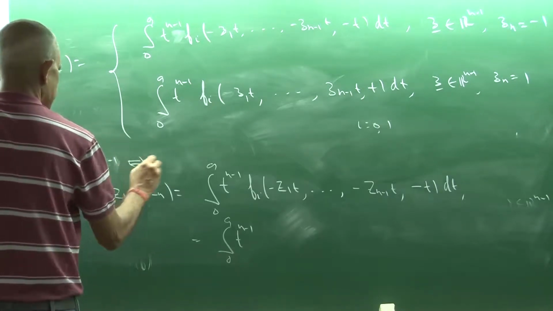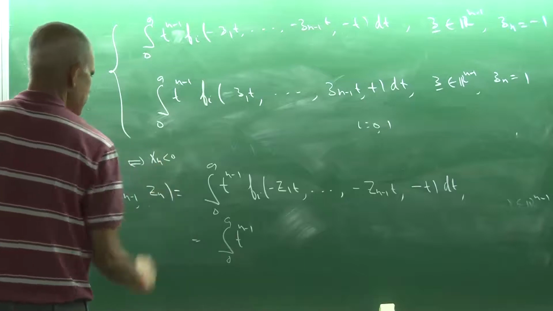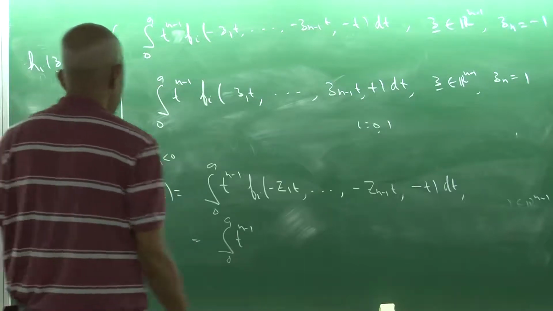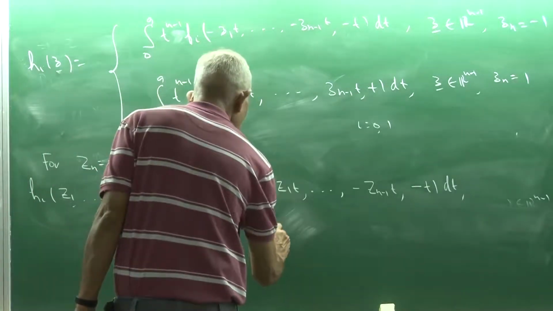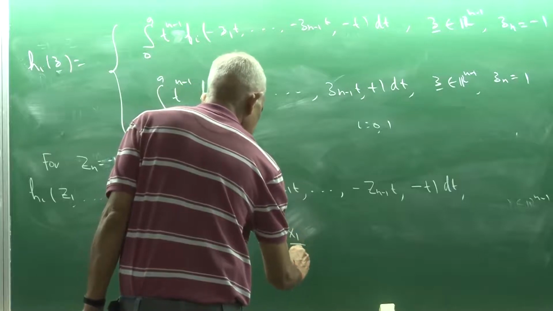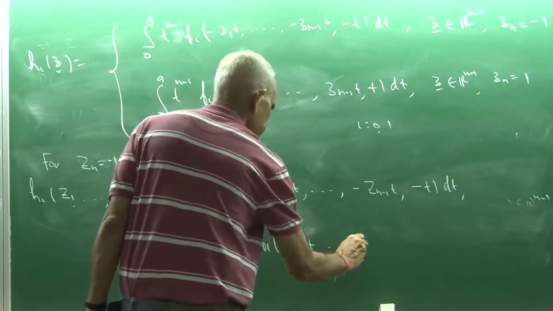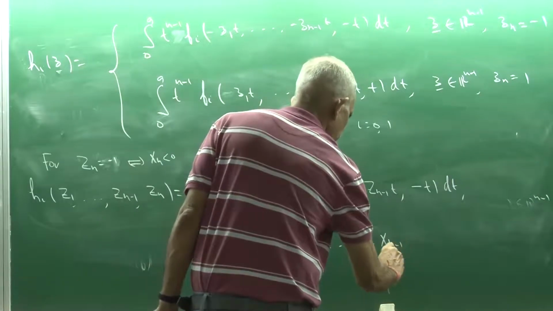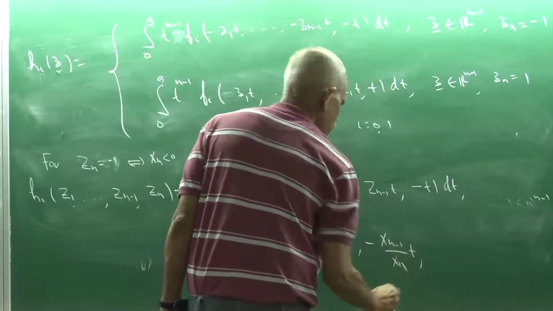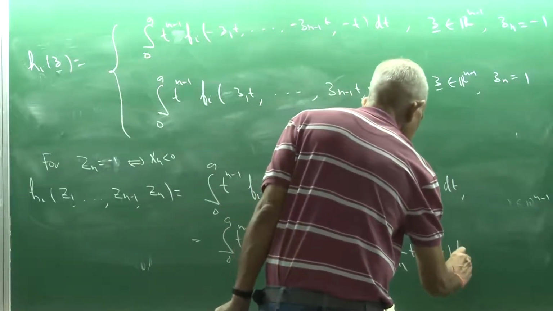That is equal to saying that xn is negative. So it is the same as t to power n minus 1, phi of minus x1 upon xn t, ..., minus xn minus 1 upon xn t, and minus t dt.